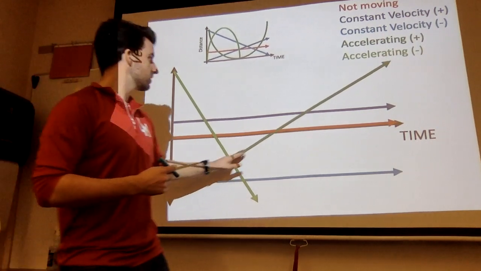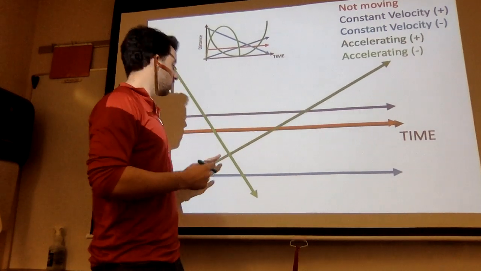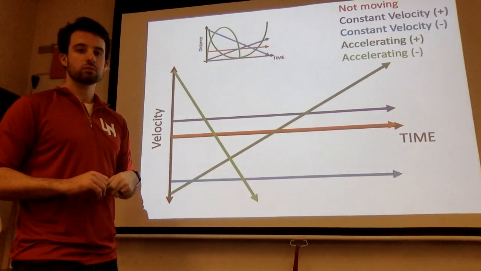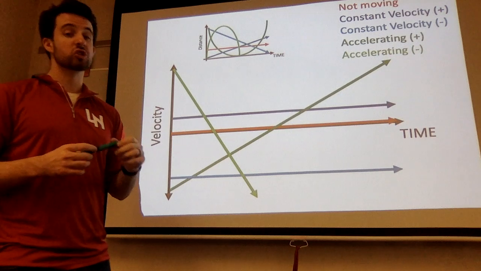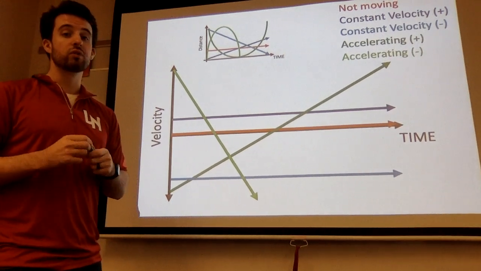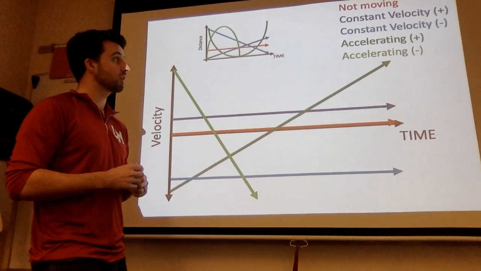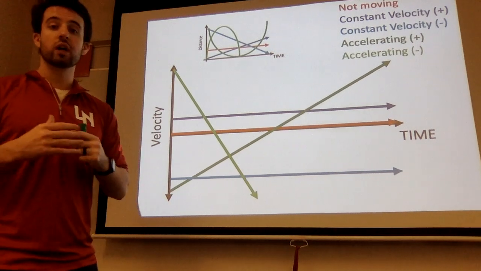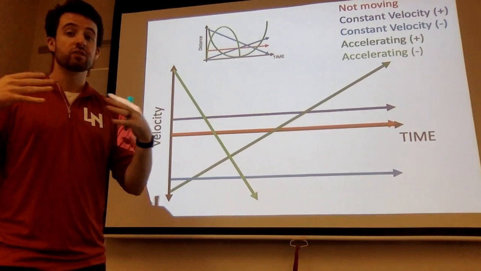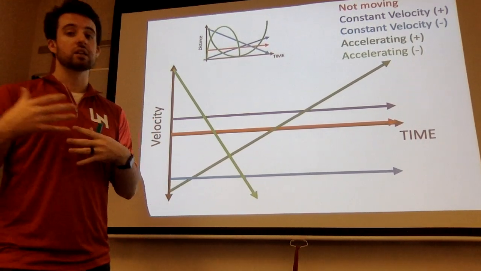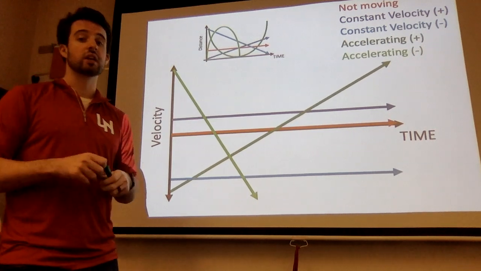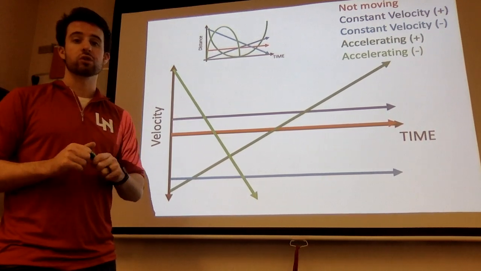And a positive acceleration will have a positive slope. So expect to see pictures like this on the test, where we give you slopes of a velocity versus time graph and ask, is this a constant velocity? Is it accelerating positively? Is it accelerating negatively? Those are the types of questions we can ask.